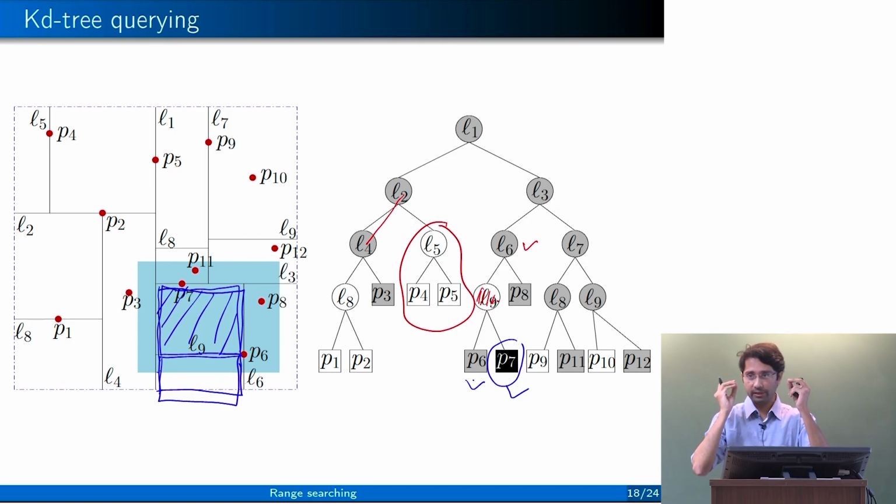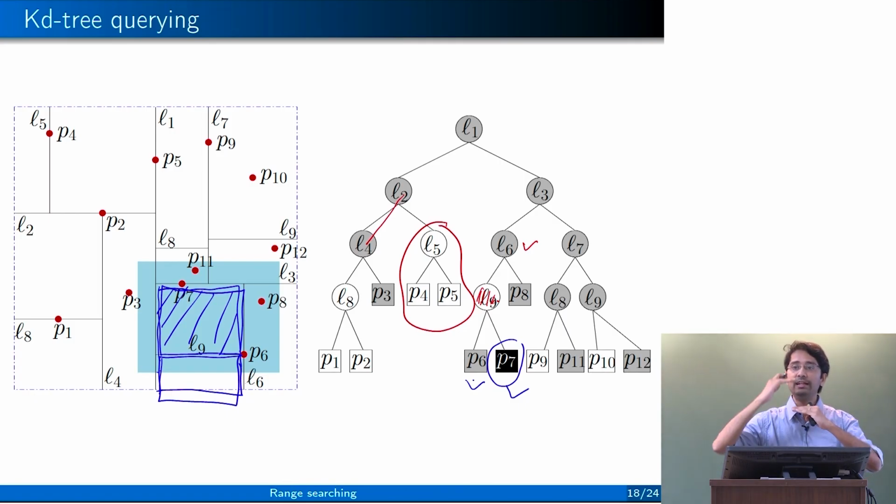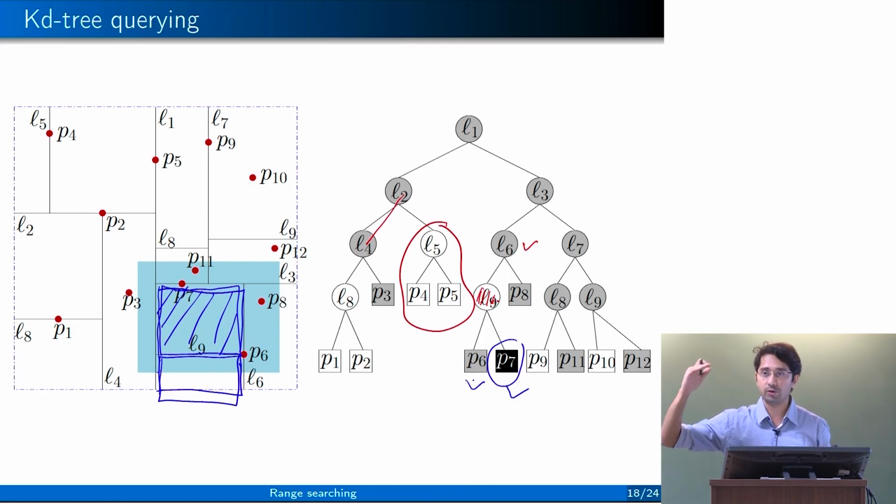So, associated with each vertex there is a rectangle. If that rectangle is completely inside the search query, then it becomes black. If it is completely outside, then it becomes white. If the query rectangle intersects the rectangle associated with the vertex, it becomes grey. Is it clear? There can be three cases.